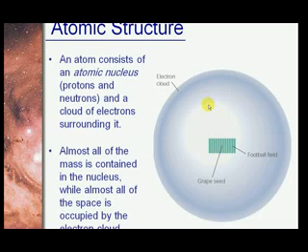Modern physics doesn't say they are gaps, but these electrons are almost weightless. They almost have no mass, but they do have some, and compared to them the nucleus has almost all the mass.